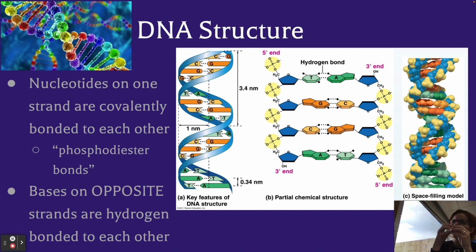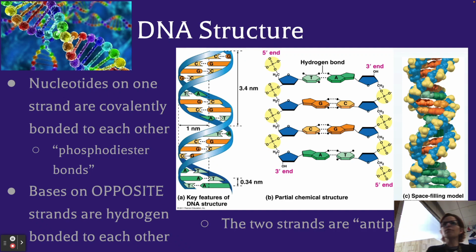But the nitrogen bases across from each other are hydrogen bonded. Is a hydrogen bond strong or weak? Weak. So the two sides can separate from each other really easily, and that's part of how we can replicate DNA: we can separate the two strands from each other.